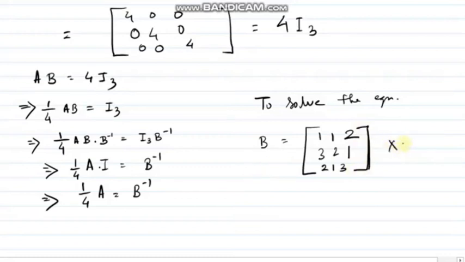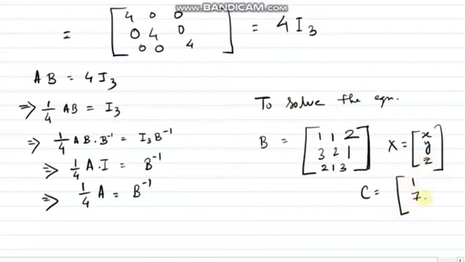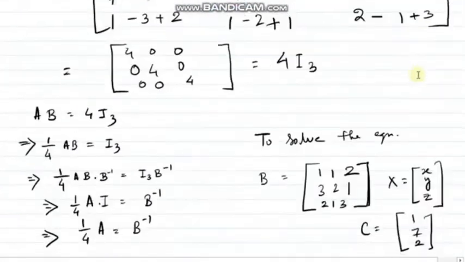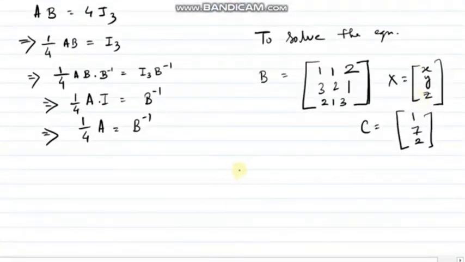And X I will take as X, Y, Z, and my C will be the coefficient part given on the right hand side, which is 1, 7, 2. This will be your C, right? So can we write from there that BX equals C?